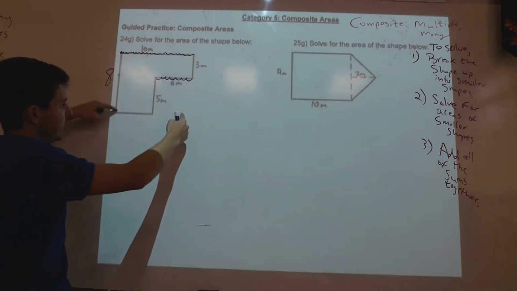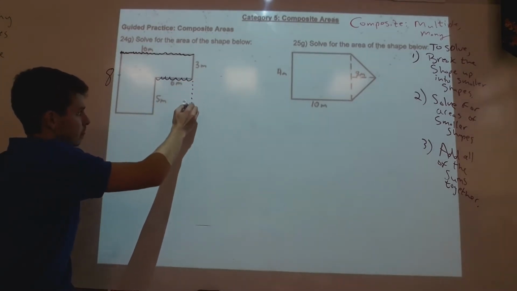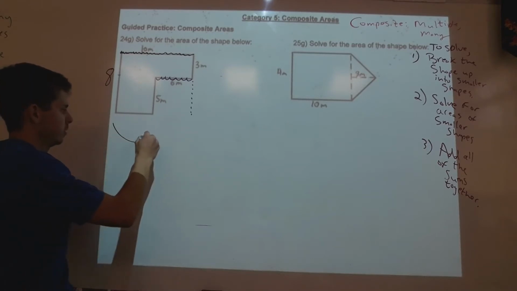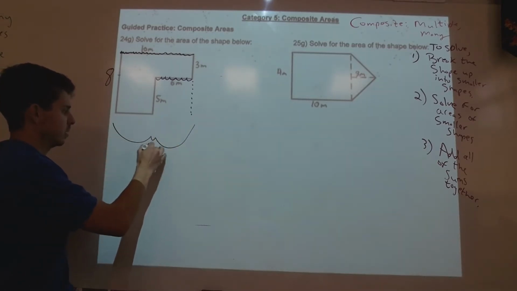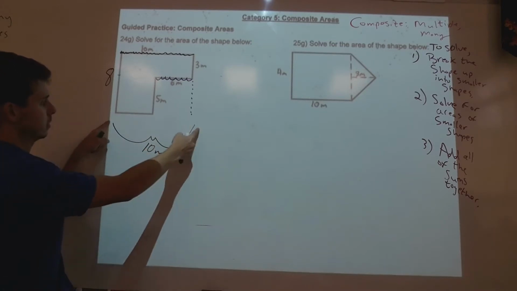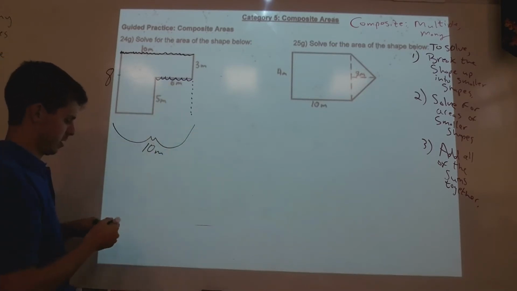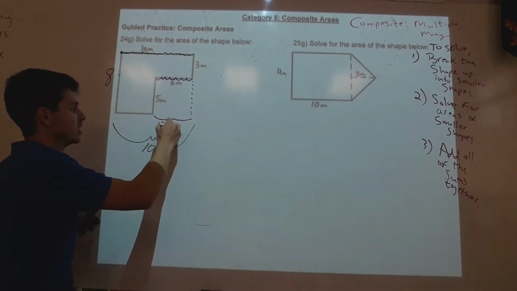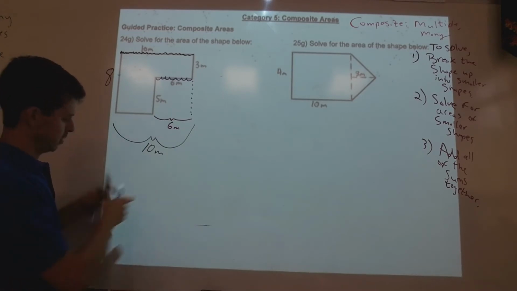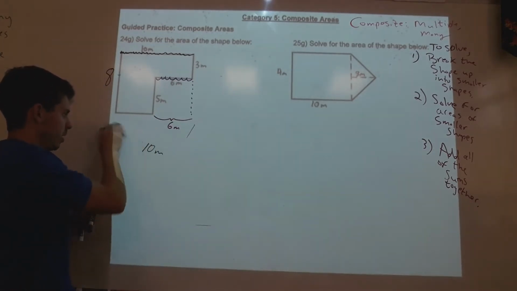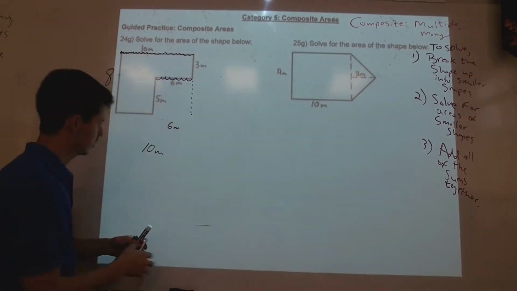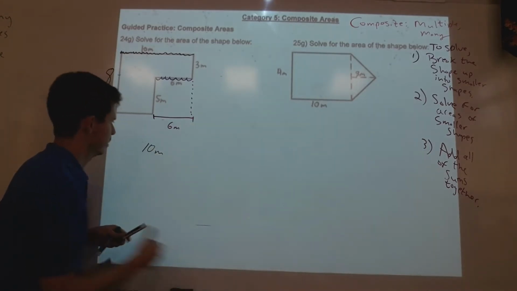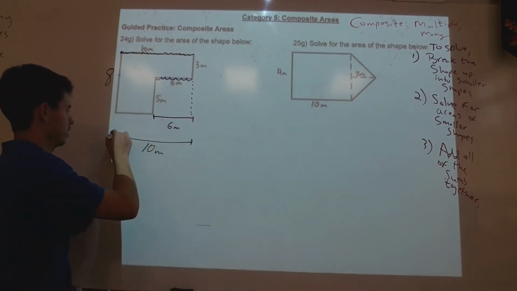If I bring this down here, I know that this entire length is 10 meters. And if I bring this part down here, this is 6 meters. So actually, I'm going to draw a little clearer arrow. This portion right here is 6 meters. And this portion right here is 10 meters.